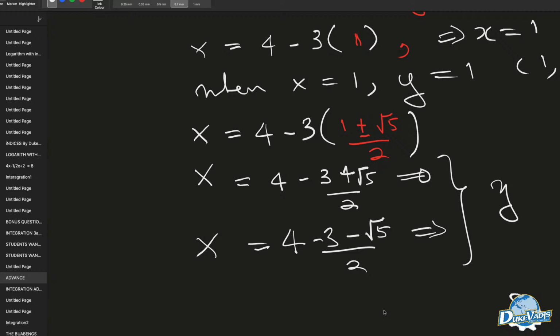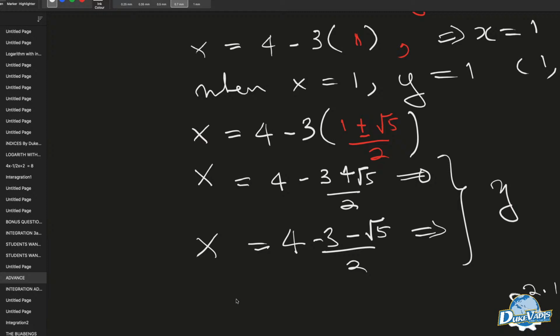Now, let's try and find the square root of 5. Let me take my calculator and do that. All right. So the square root of 5 is roughly 2.1 something.